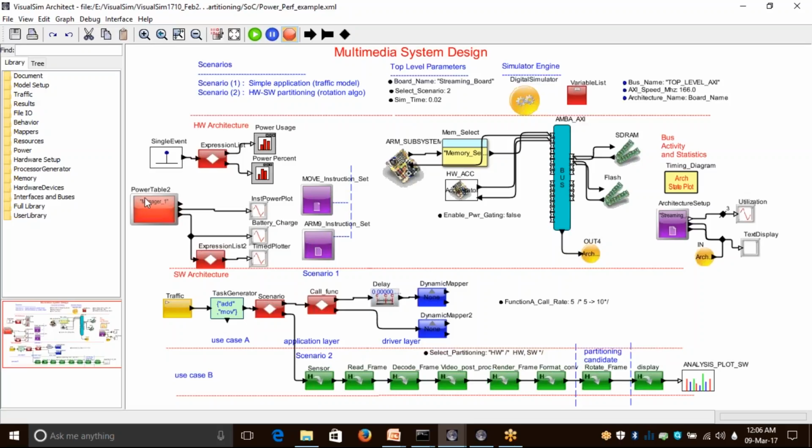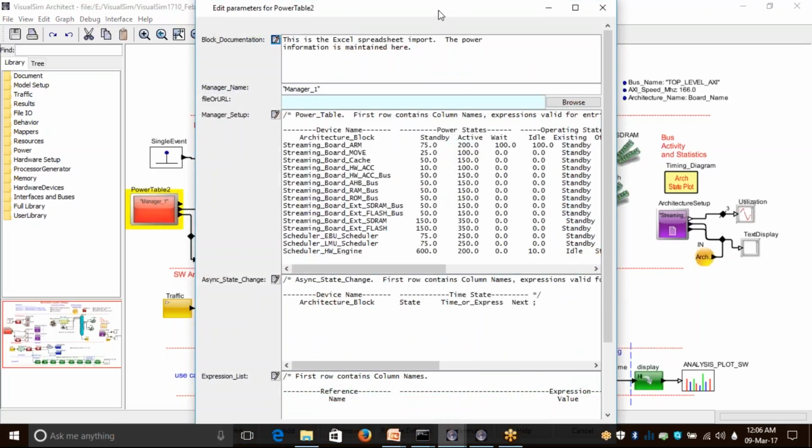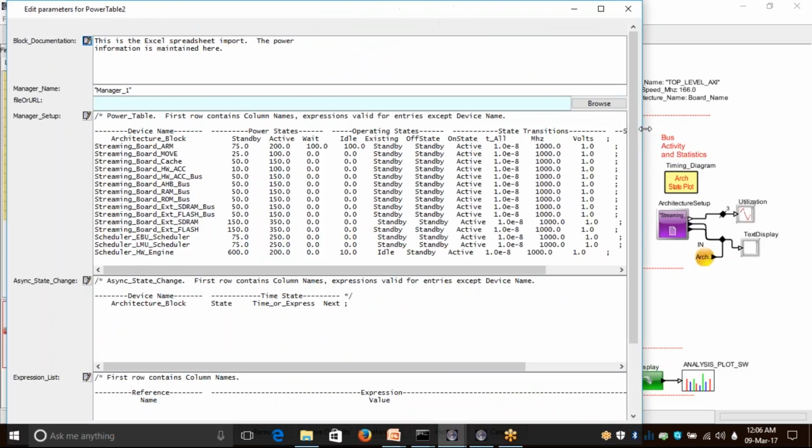Okay, so we have a power table on the left-hand side here. The power table would look something like this. It includes all the different components that are there in the model, for example, processors, memories, buses, peripheral devices and things like that. And you will also be providing the power values.